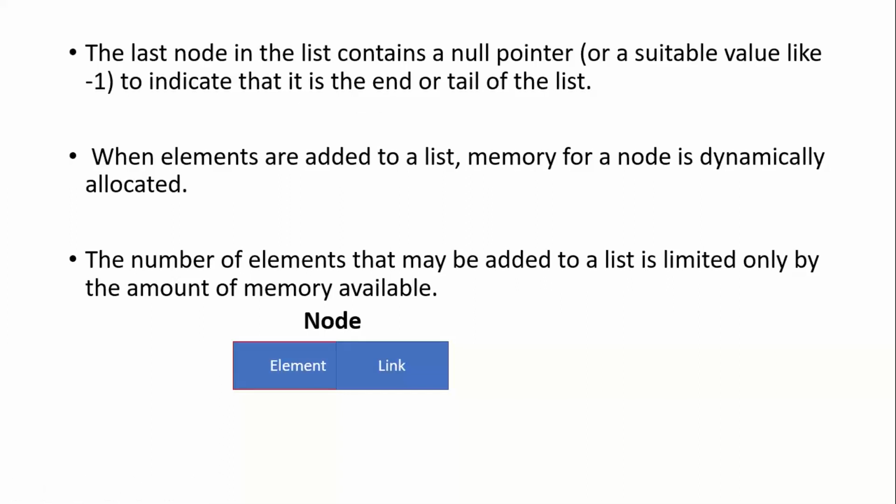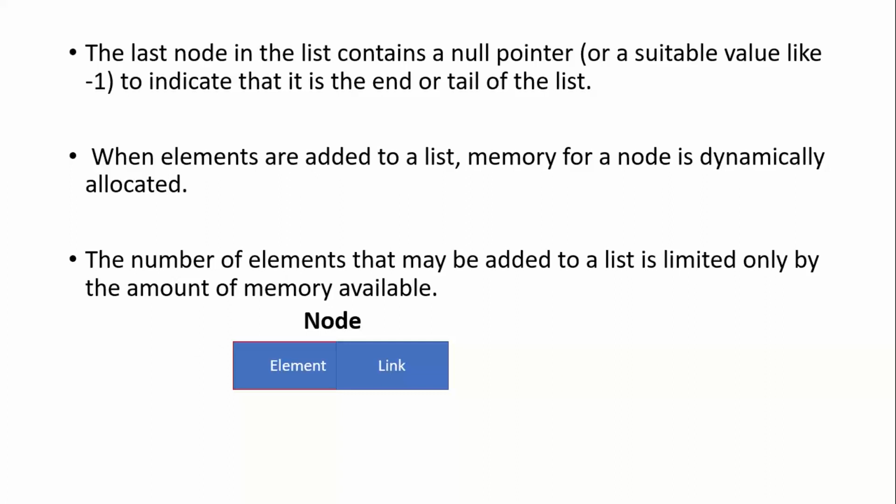When elements are added to a list, memory of a node is dynamically allocated. This is what I have observed in the earlier points. As and when you need the memory for the node, it is allocated. No need of allocating it beforehand.